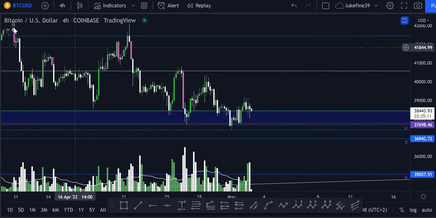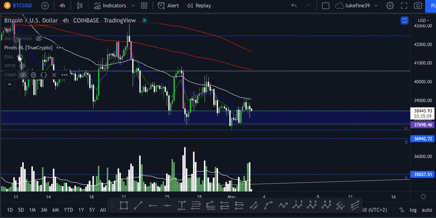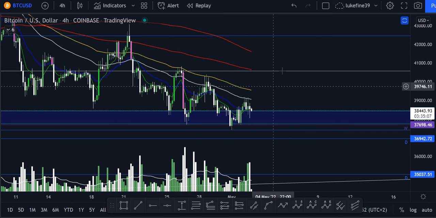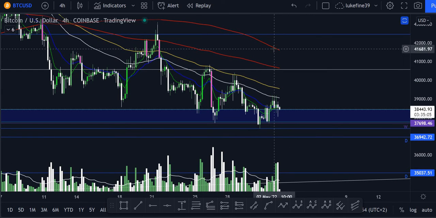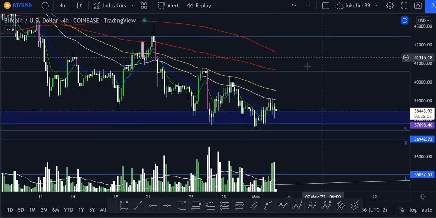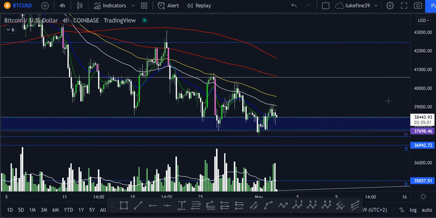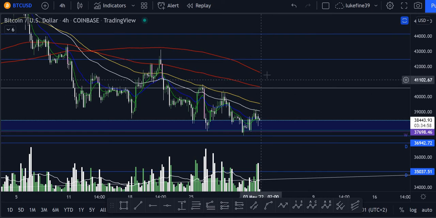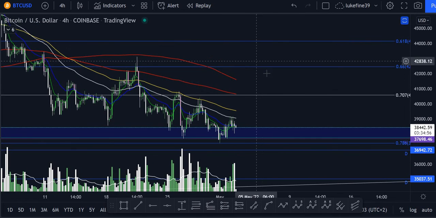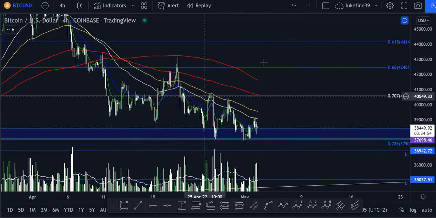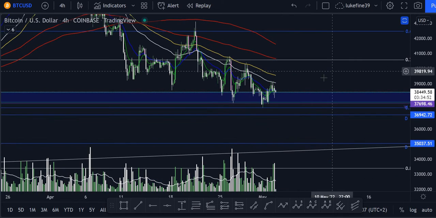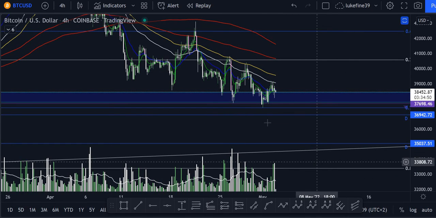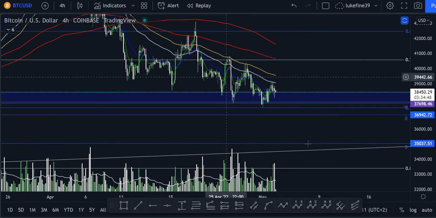But our key resistance areas, let's just take the EMAs again. See on the 4 hour here, 40k to 41.5. So basically Bitcoin needs to move above here and go up to flip this 42 to really completely change structure. Everybody's really bearish and starting to flip really bearish.